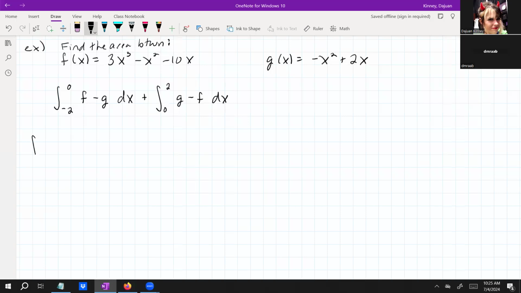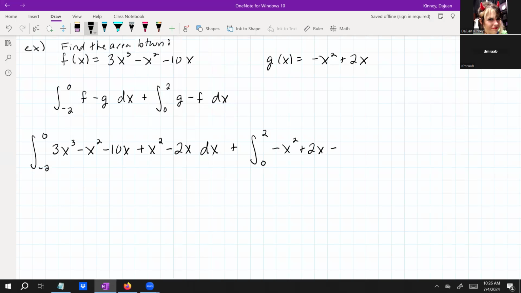Okay, so from -2 to 0, my f function is first. 3x cubed minus x squared minus 10x. I'm going to subtract my g, which is changing all of its signs. I'm going to clean that up a step. All right, 0 to 2. Now my g is on top.